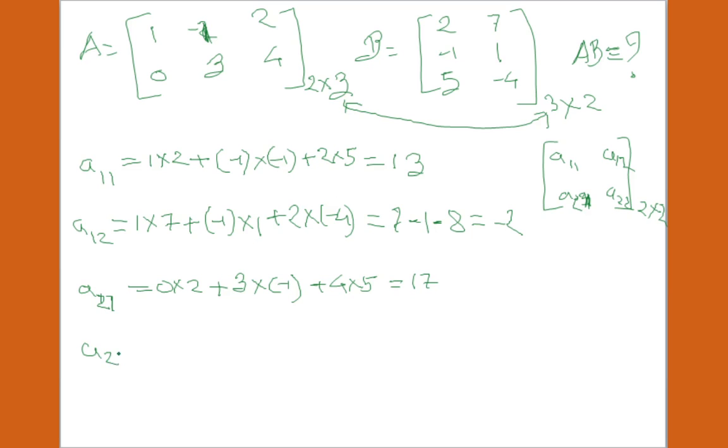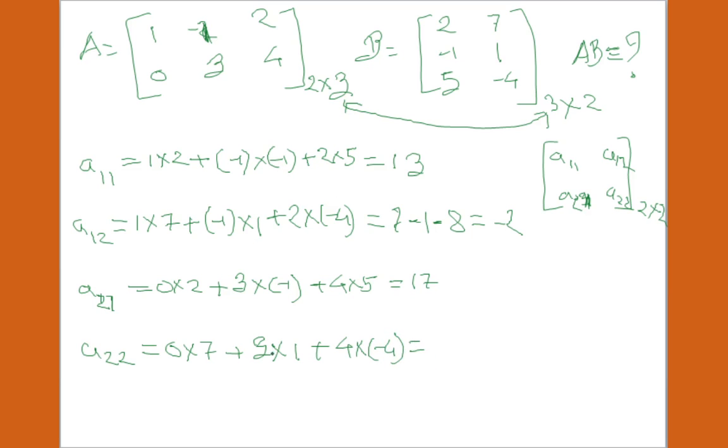Last element A2,2, second row, second column. 0 into 7 plus 3 into 1 plus 4 into minus 4. Corresponding elements multiply.